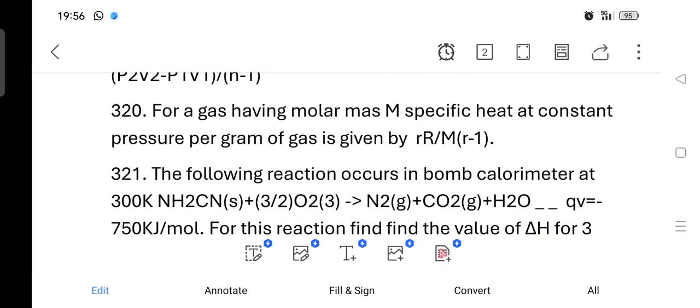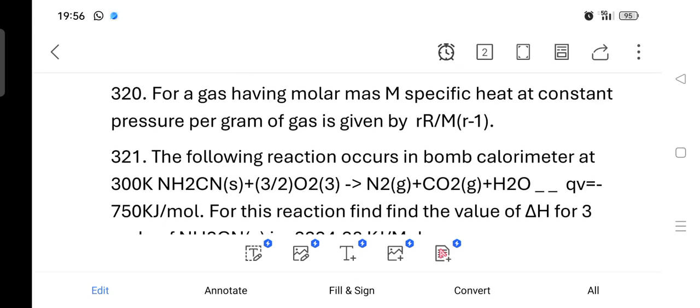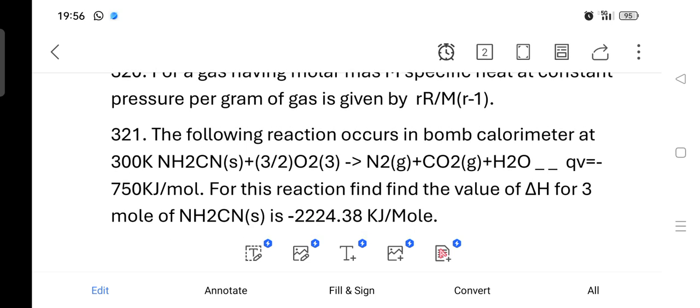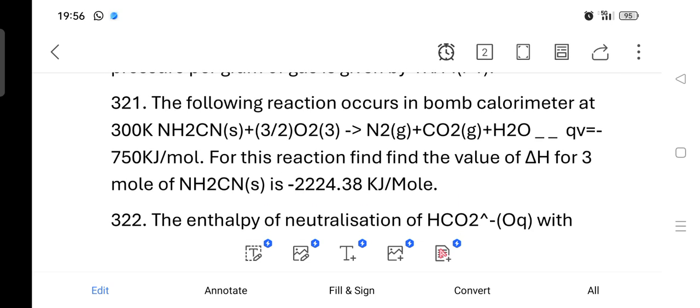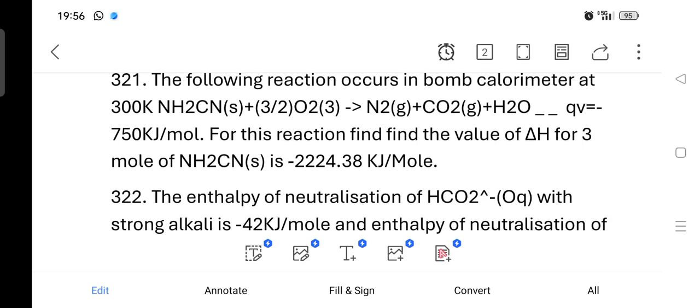For a gas having molar mass m, the specific heat at constant pressure per gram of gas is given by R by m into gamma by gamma minus 1. The following reaction occurs in a bomb calorimeter at 300 Kelvin.